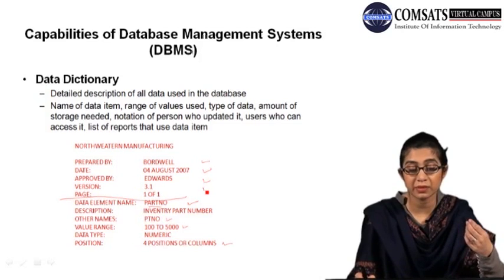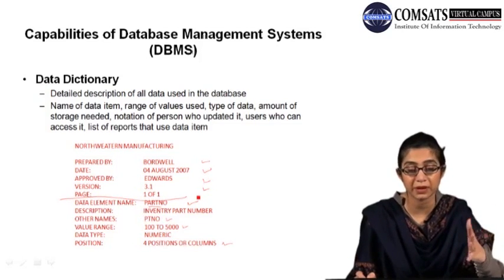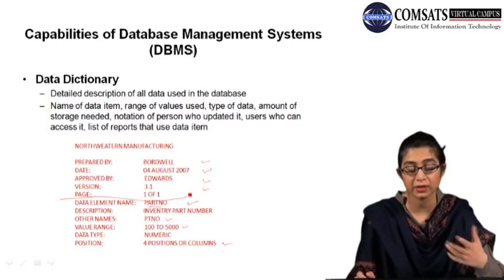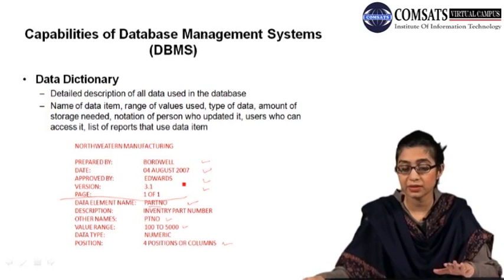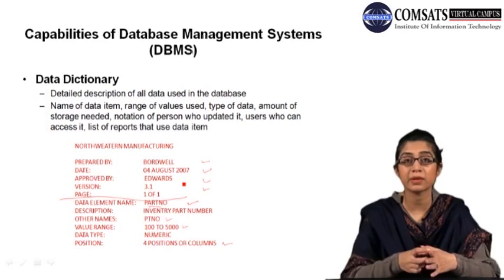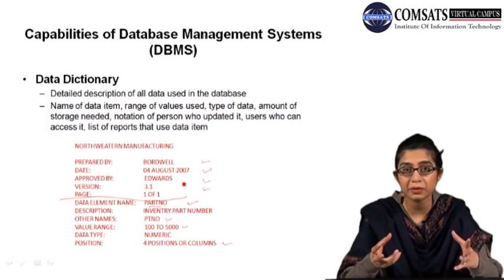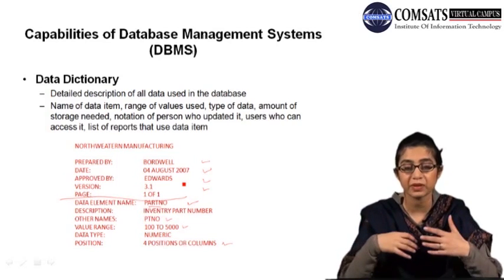Then its version number is this, and it consists of page 1 of 1. That means this information is coming on one page only, this data is coming on one page. So basically this is just an example of a data dictionary, where the background information and background data about a field is stored in the data dictionary, right?